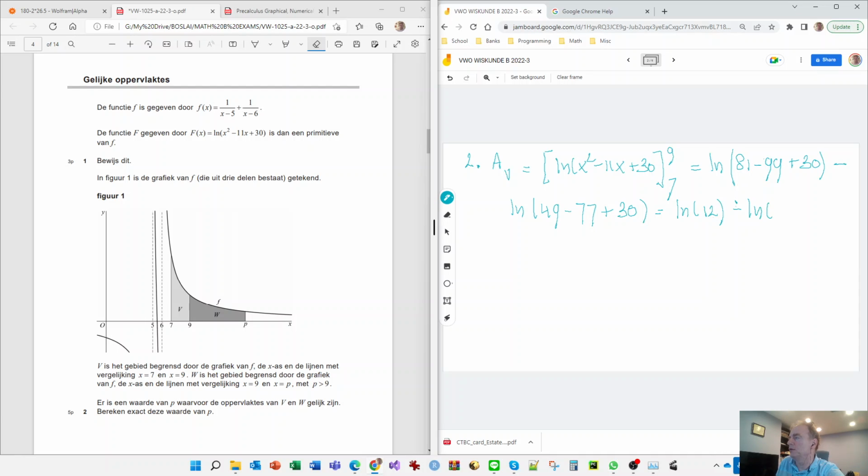Oh, minus log 2. And this actually you can write as log 6, but let's keep that for now. Well, no, let's just write it as log 6.